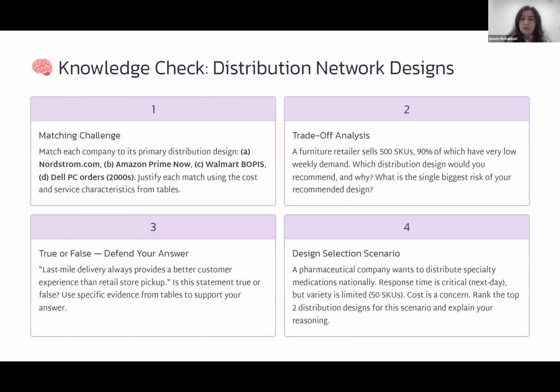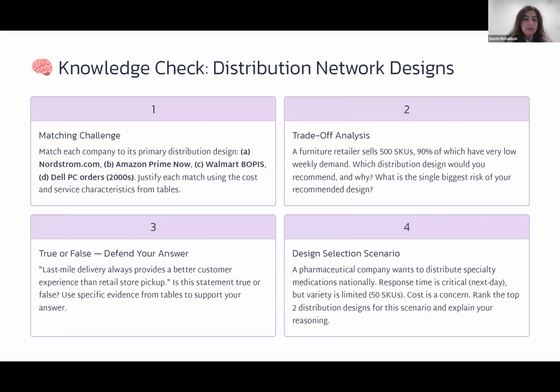Second question, a furniture retailer sells 500 SKUs, 90% of which have very low weekly demand. So this is a key. If the demand is low, then what distribution design will you recommend and why? And what would be the risk of going with that?